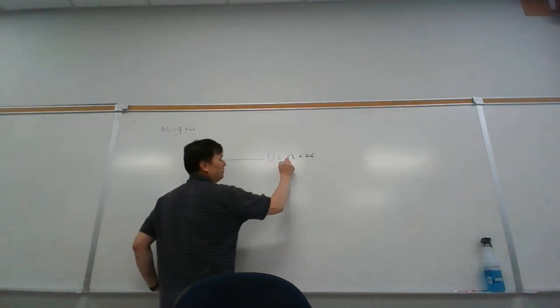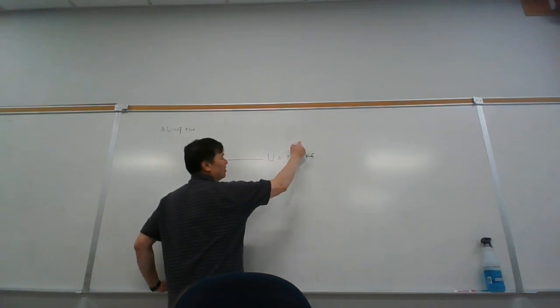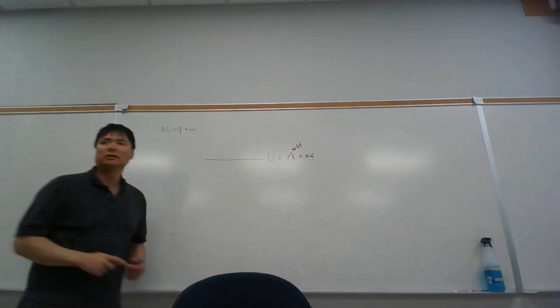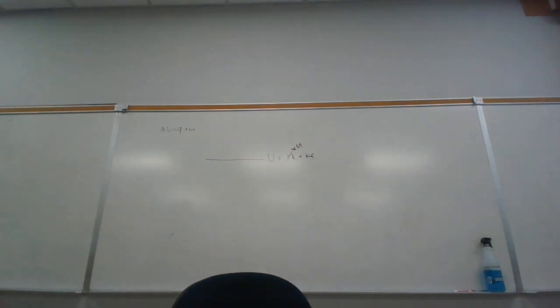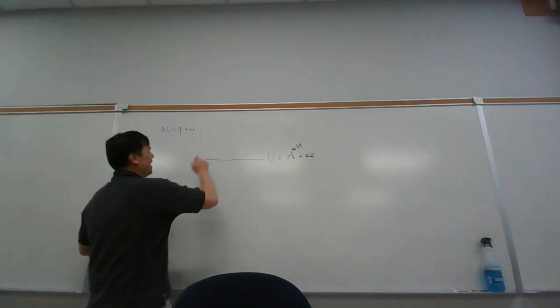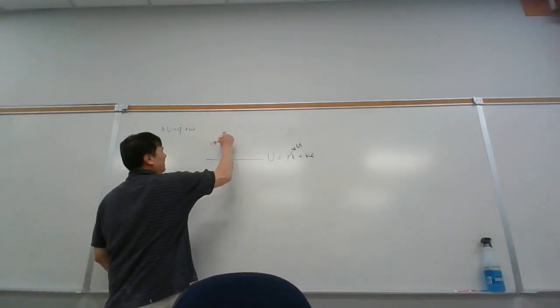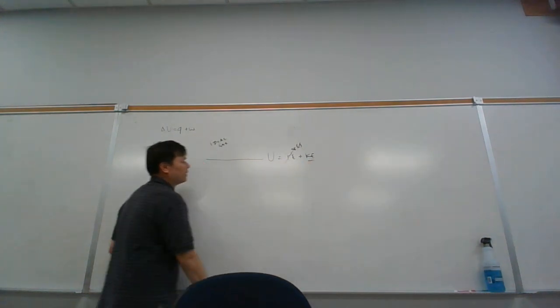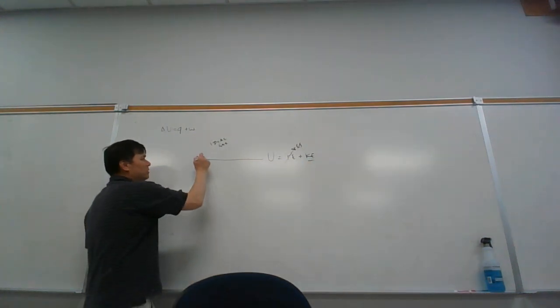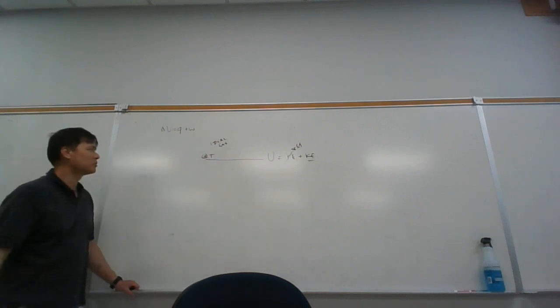And so in an ideal gas, the potential energy is zero, because there are no electrons in it. There's no bonds. There's nothing. There's no interaction. And so in an ideal gas, the internal energy only depends on the kinetic energy. And the temperature is a measure of the average kinetic energy. And so it's going to be dictated by the temperature here.